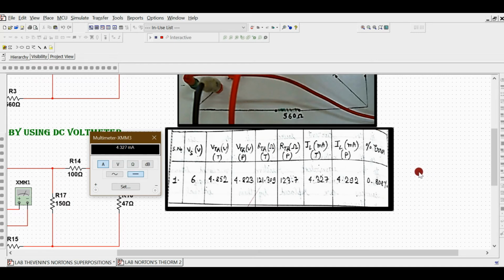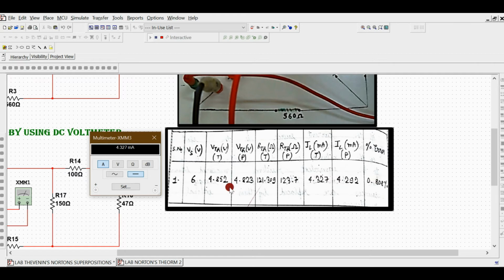So this is again verified guys. If there is any difference, the theoretical one is the reading by calculation, and the practical reading, this P written here, this second column is actually the readings by measurement in the actual lab performance.